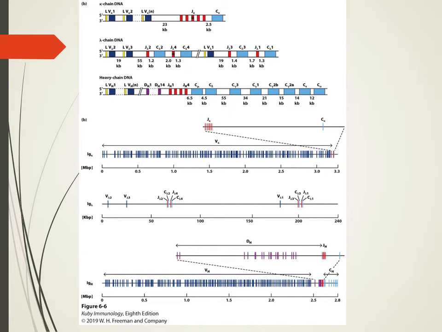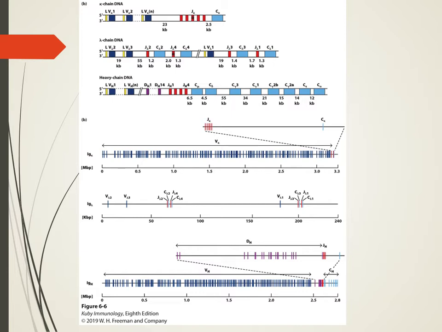So in the bottom one, marked heavy chain DNA, you can see how you have those D segments, okay? And so that lets you know that that's the heavy chain. You'll also notice the additional constant regions, so that you can have the different isotypes, different classes of antibodies.